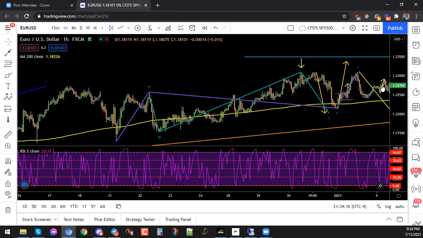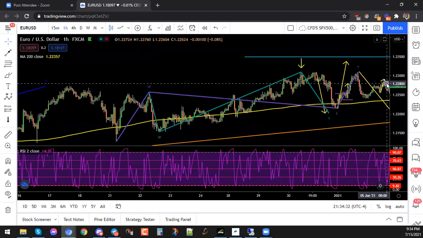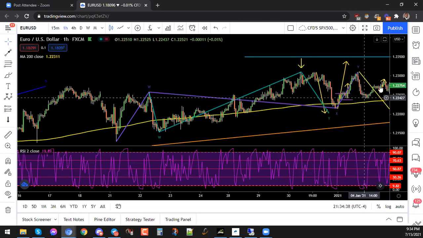So at lunchtime, the buyers are coming out of the market. And so if we had majority of sellers over here on this big impulse, and now we have buyers going against these sellers, and the buyers are now coming out at lunchtime, what's going to happen? The sellers are going to regain control of the market.